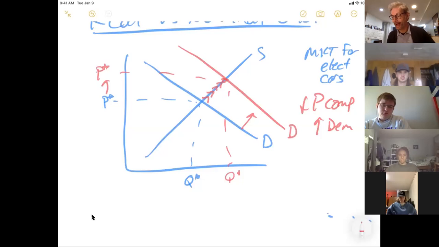But I don't see any obvious reasons here why supply would shift. A couple of you argued, well, electricity is an input into producing electric cars. Maybe, and if you explain that well, I gave you credit for it. But I think that the primary effect here is that demand should go up because electricity is a complement to using an electric car.